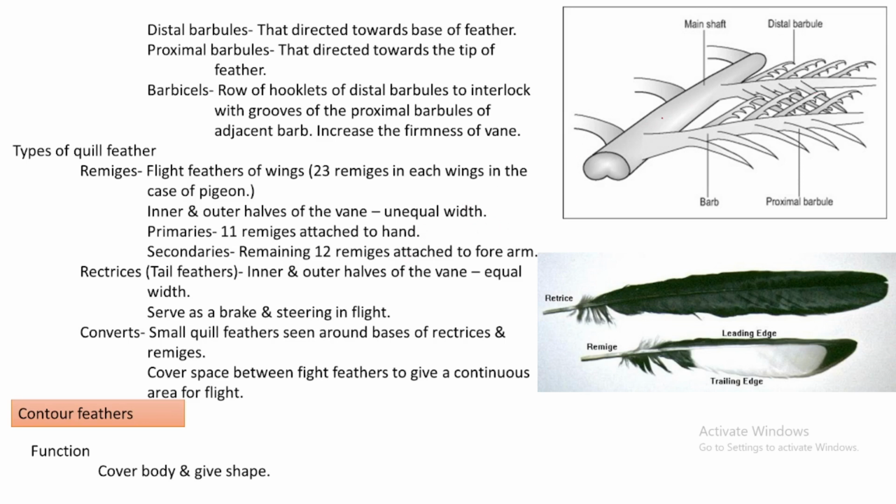This is the rachis, this is the barb. Okay, and from this barb, barbules are emerging. Distal barbules are there, and these distal barbules make interlocking with the proximal barbule of the adjacent barb.